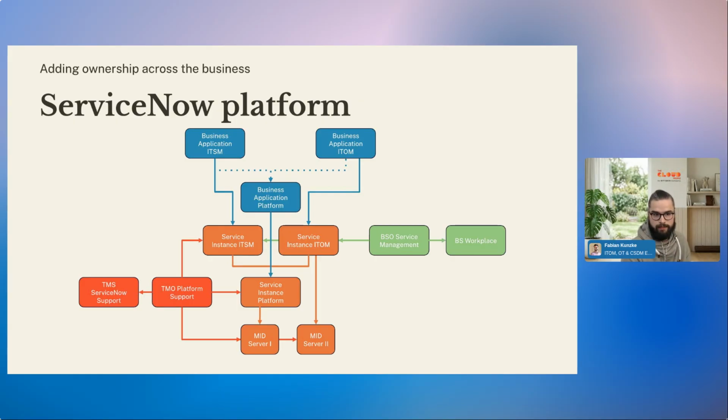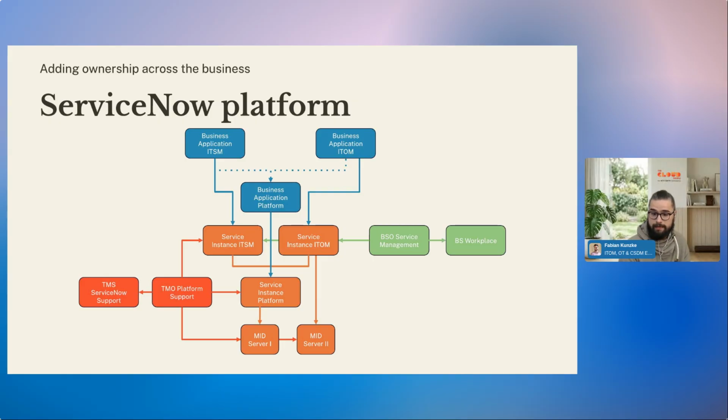This ownership can be on the business level. Business level ownership usually answers to the question on who pays for it, or if we get sued, who gets sued. And then we may have different product owners, right? So for ITOM and ITSM, you may have two different people that are responsible for continuously developing and moving forward the product. So now you have two different business application records.